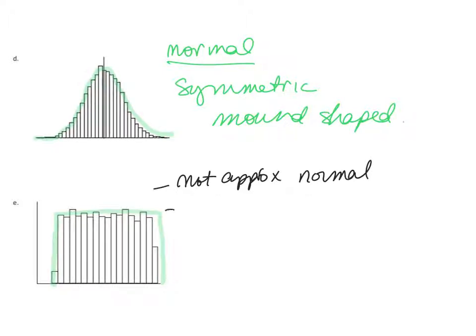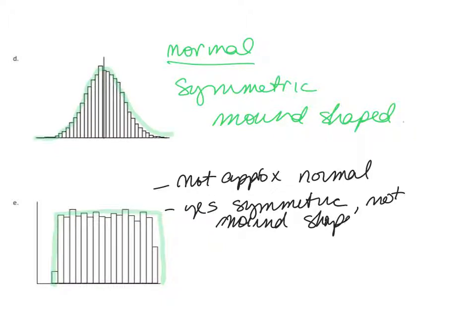It is symmetric, but not mound shape. Right? It's not skewed. It does not have a tail.